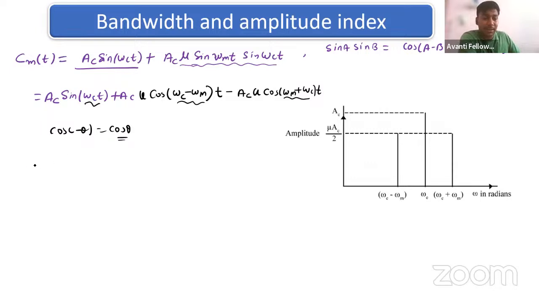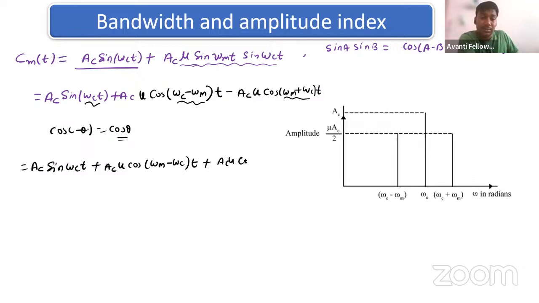And this expression can also be written in terms of sine omega c t. In books it is sometimes also written as cos.